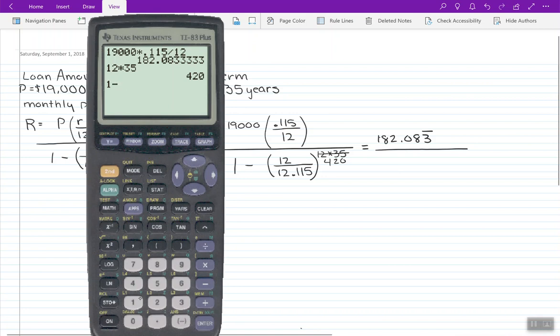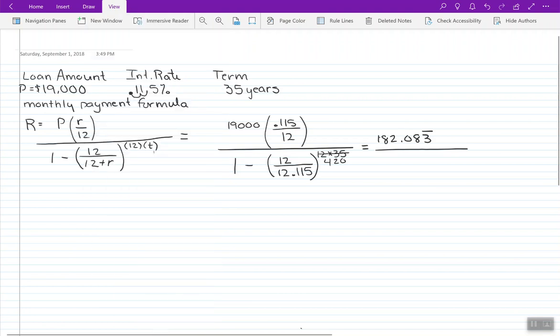So it's 1 minus parenthesis 12 divided by 12.115. And then that's raised to the 420. And then I get that decimal. And again, write out the number.